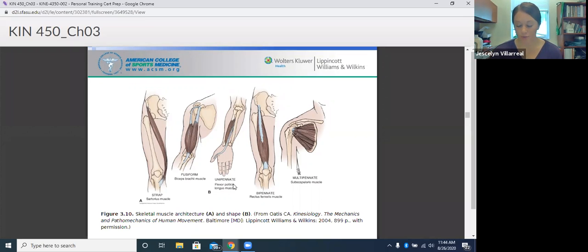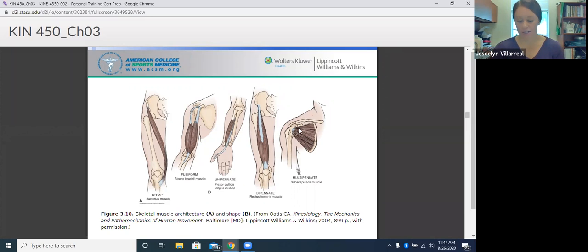From there, we have quadrate muscles that are four-sided, and they're usually flat and consist of parallel fibers. This is not included on here, but a quadrate muscle would be like your rhomboid, the muscles right in between your shoulder blades. So those are usually four-sided and flat, again consisting of parallel fibers.